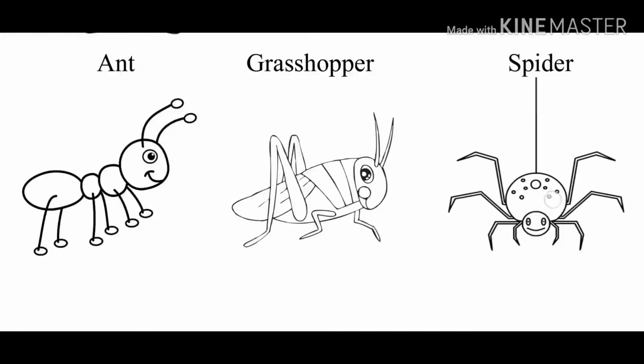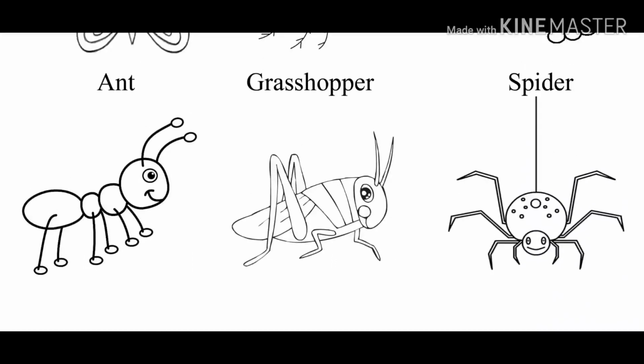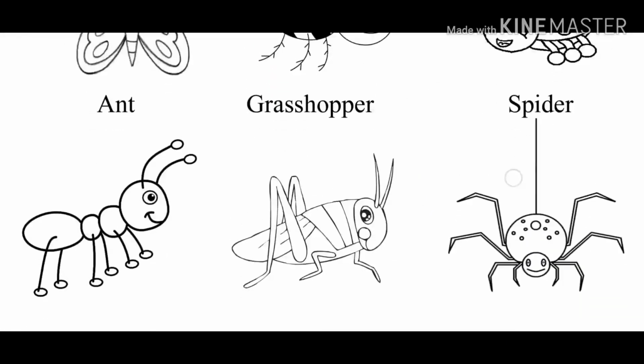This is a spider. You may even have seen some in your house. As you can see, they can spin webs that they use to catch a lot of the other bugs that we have here. This is what we call a spider.